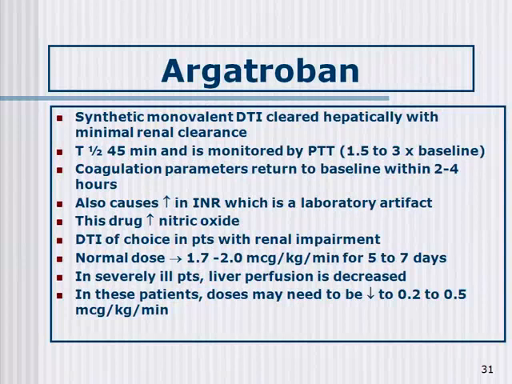It is the direct thrombin inhibitor of choice for people with renal insufficiency. In severely ill patients, there's a dose adjustment, assuming they're not perfusing their livers as well. Argatroban is one of the few drugs that came to market but never had a trade name. There's no trade name. It's simply argatroban.